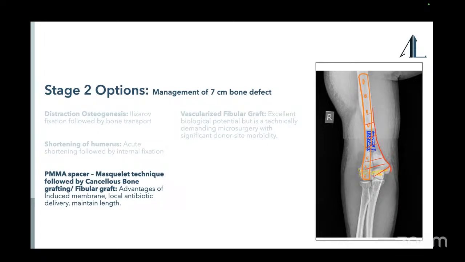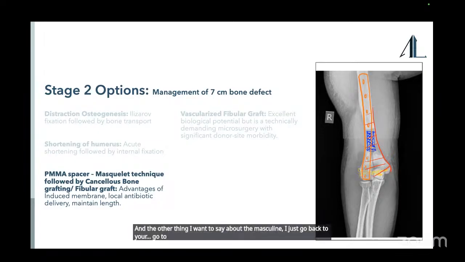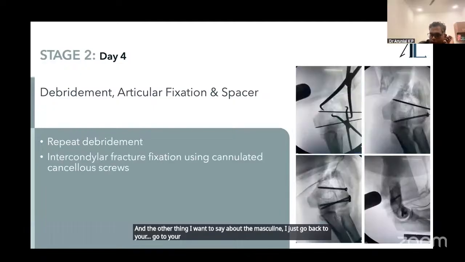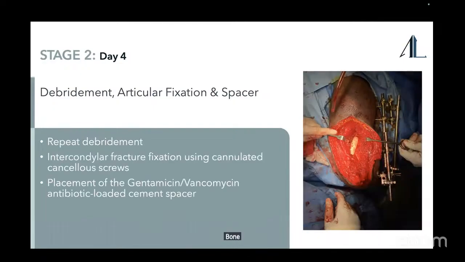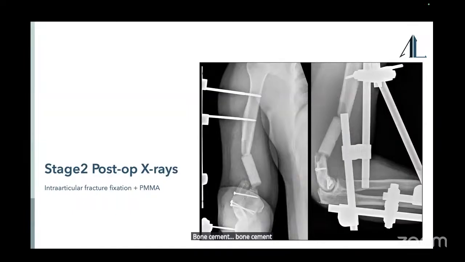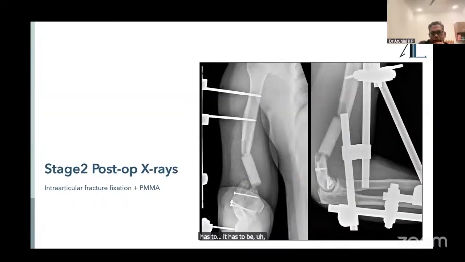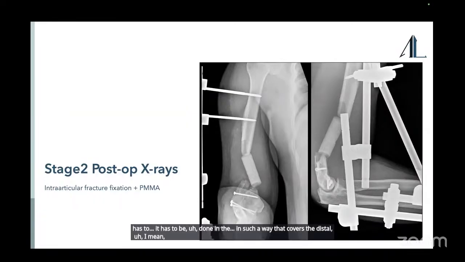And the other thing I want to say about the induced membrane, going back to the bone cement, is that it has to be done in such a way that it covers the distal bone.